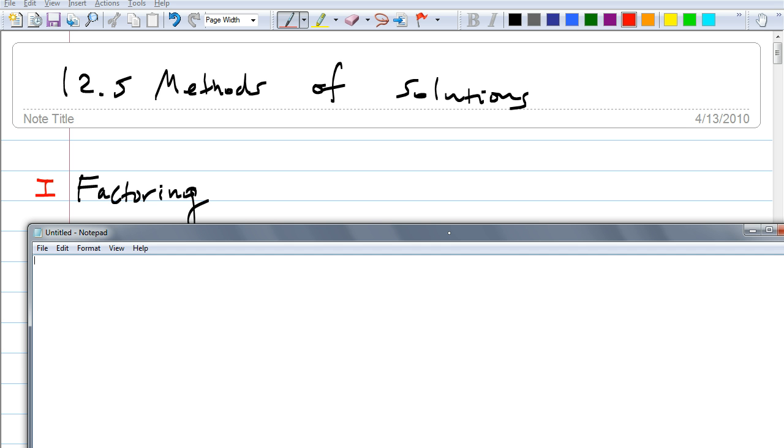Okay, factoring. So it says if an equation is in this form, which form would you like to have the equation look like? Sarah?